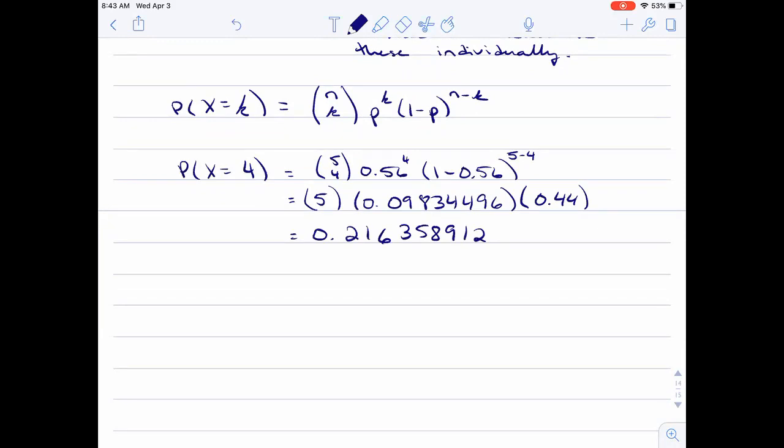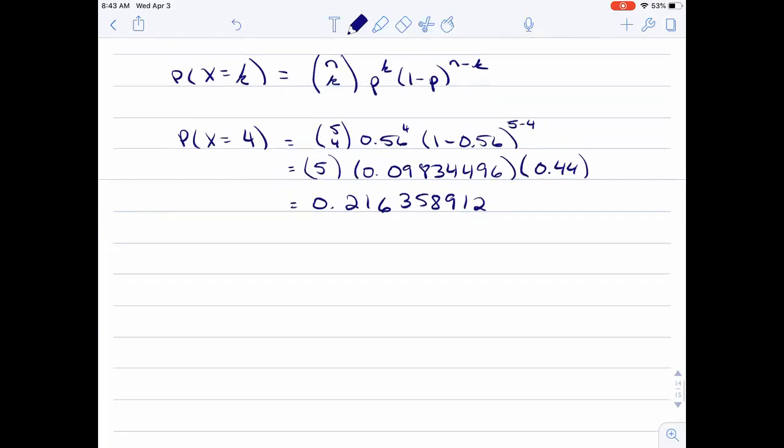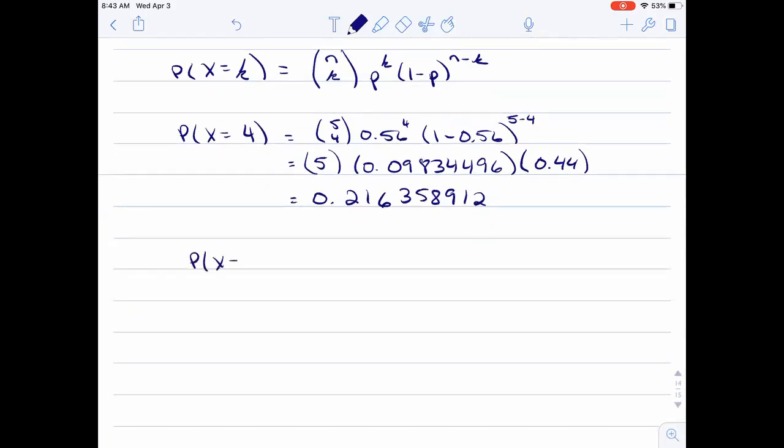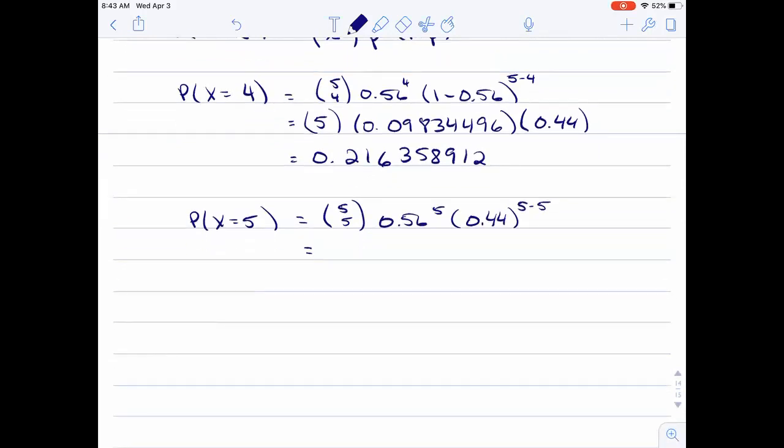Same idea. Now we find the probability that x equals 5. So the probability that x equals 5 is 5 choose 5 times 0.56 to the power of 5 times, I'll just skip to 0.44 to the power of 5 minus 5. 5 choose 5 we already decided was just 1, right? Because that's just following one of the outskirts of our tree diagram, essentially. So that's just 1.